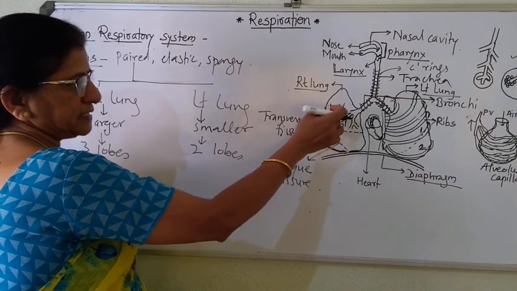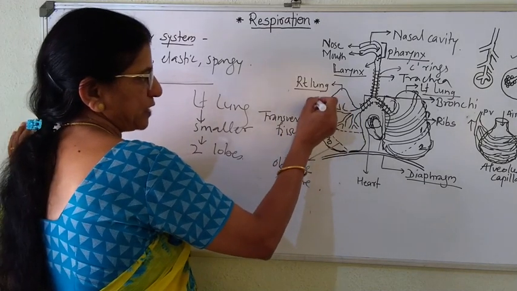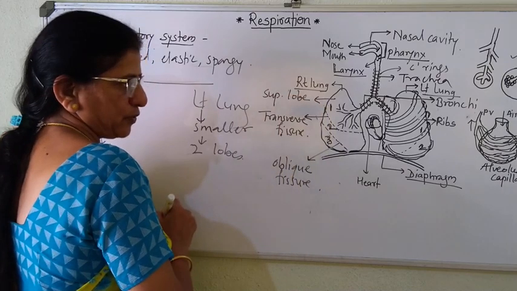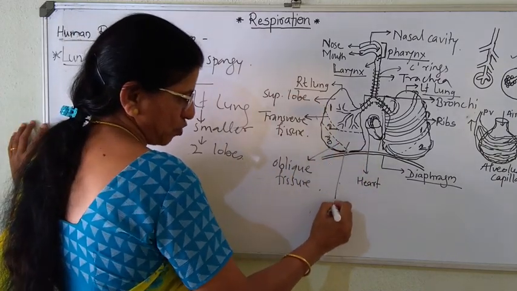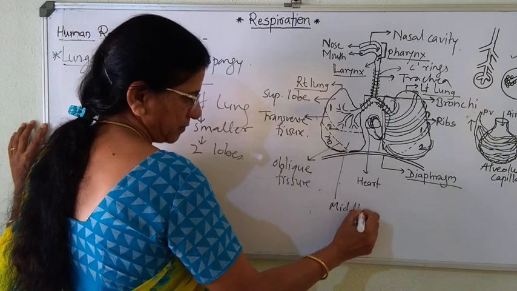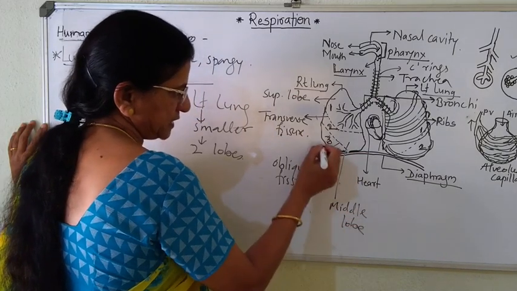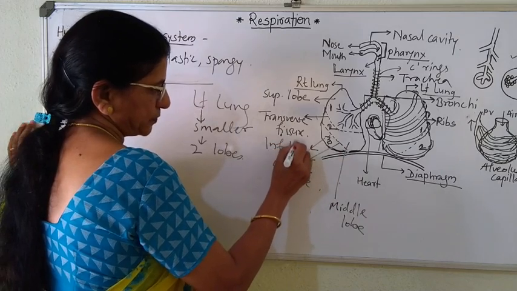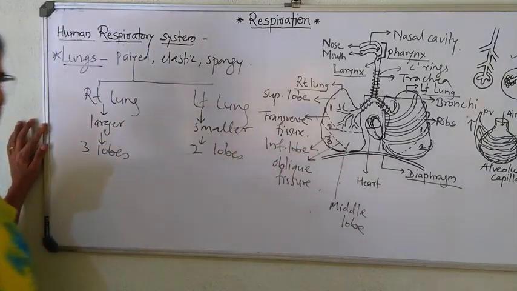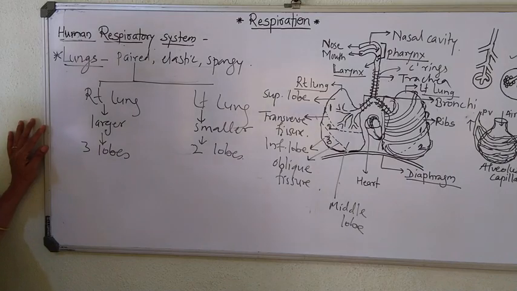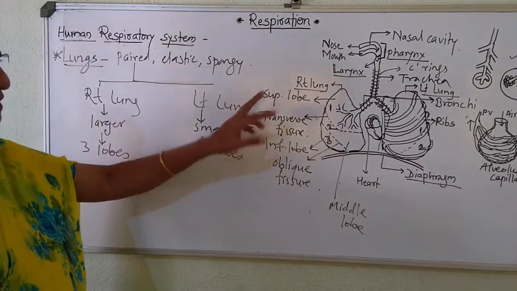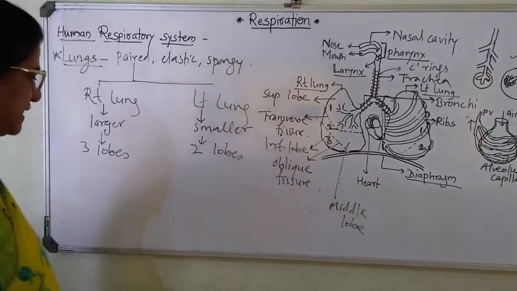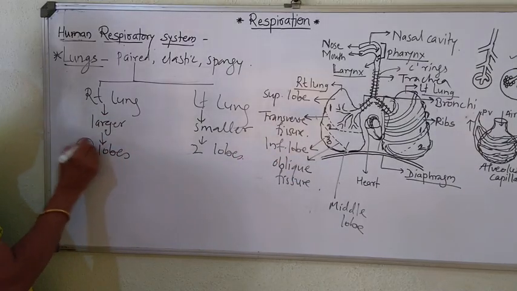This one is known as the superior lobe because it is present above. This one is known as the middle lobe because it is present in the middle. And this one is the lowermost, so known as the inferior lobe. So due to the presence of two fissures, three lobes, superior, middle and inferior, are present in the right lung, total 3.